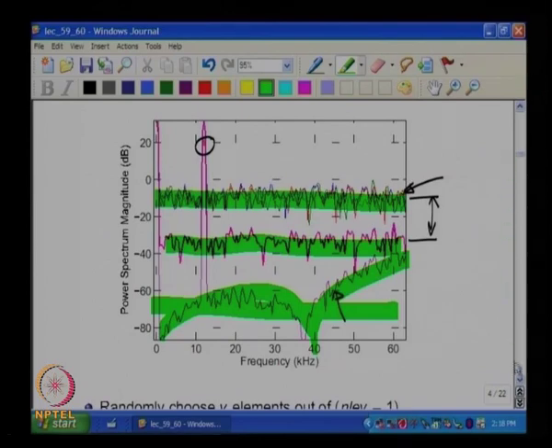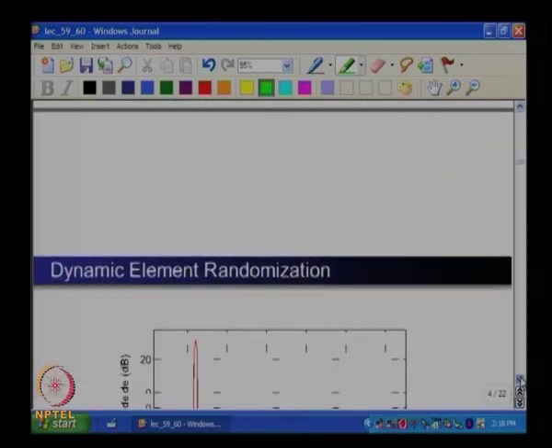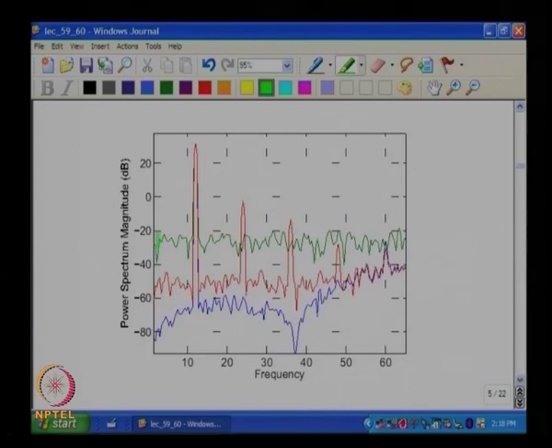However, what we saw was that when compared to not doing anything at all, you are better off randomizing because the distortion components have gone away, alright.